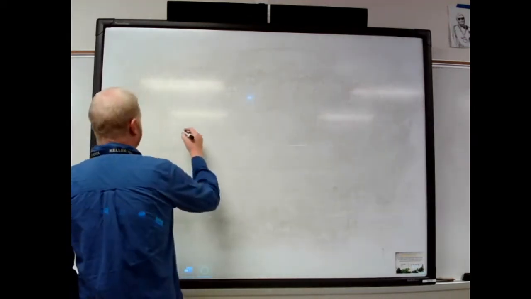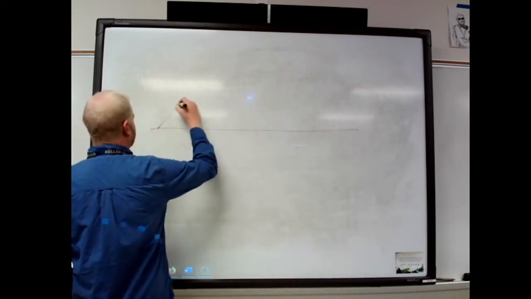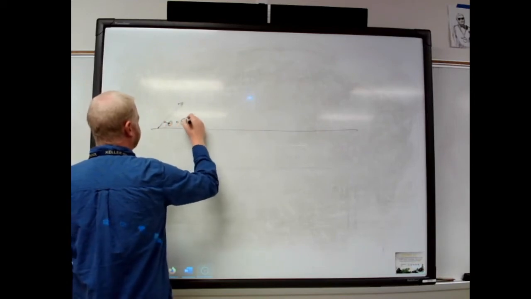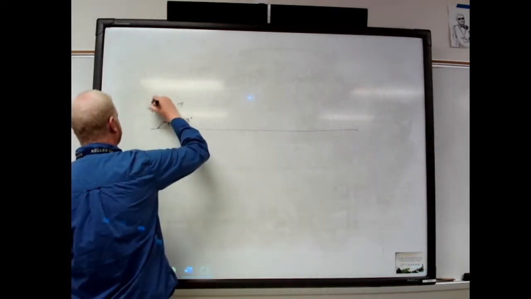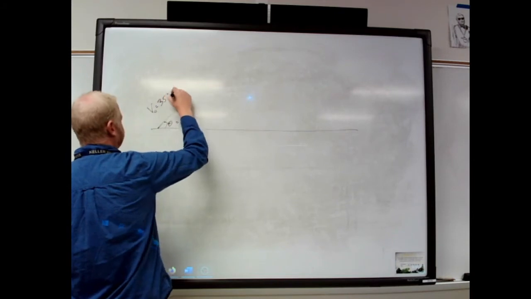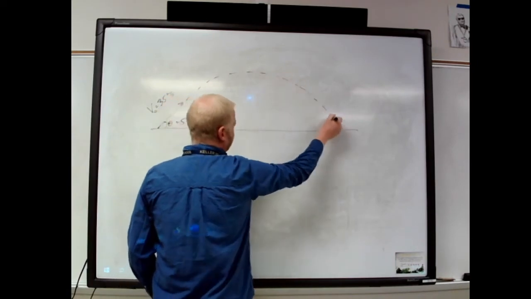Let's say that we've got a ball player that hits the ball at an angle of 53 degrees. If the ball's initial velocity is 35 meters per second, we want to find the maximum height it can reach, the horizontal displacement, and the total time required for this motion. So we've got a ball that is launched at an angle of 53 degrees, with an initial velocity of 35 meters per second, and it follows a parabolic trajectory.